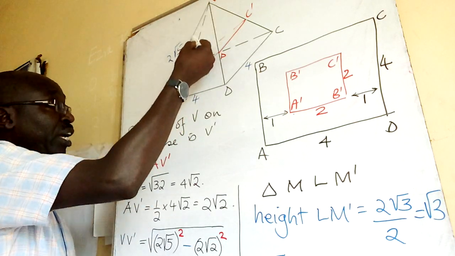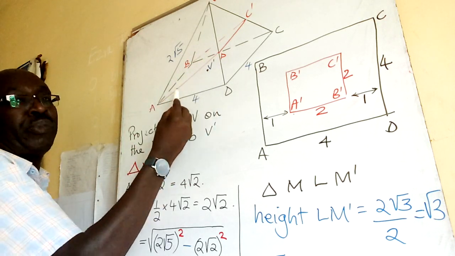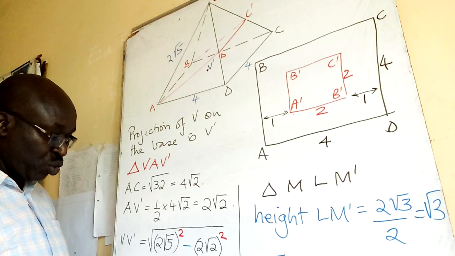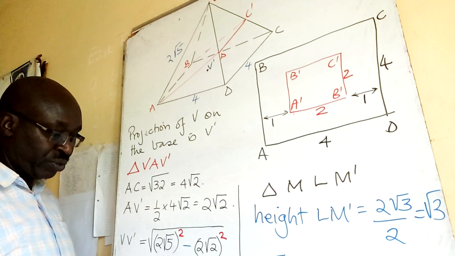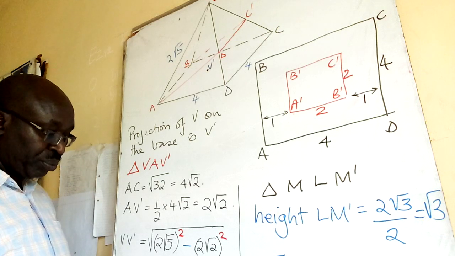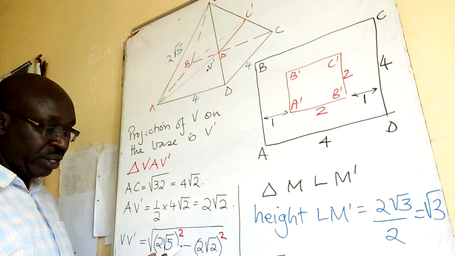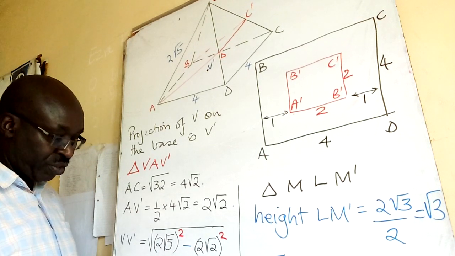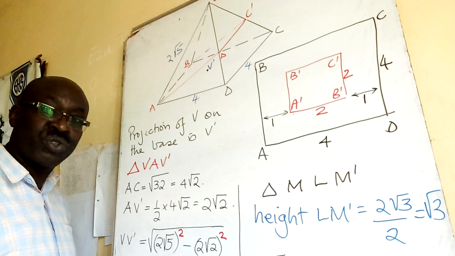So I have the edge here, which is the hypotenuse, and I have this base. That gives me the height V V prime is square root of 12, that is 20 minus 8 gives me 12. Get the square root and you find 2 root 3.